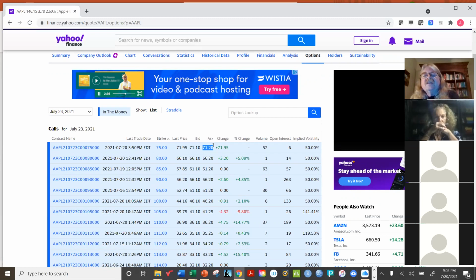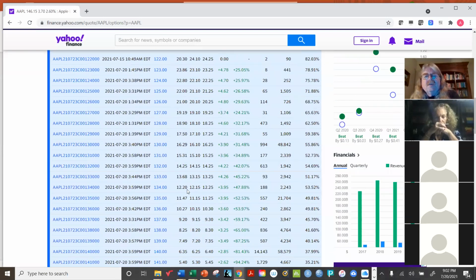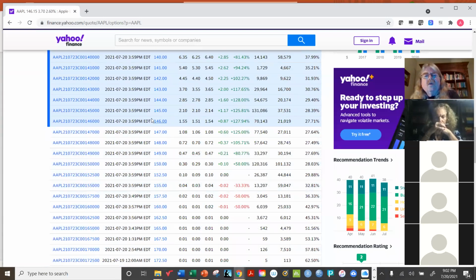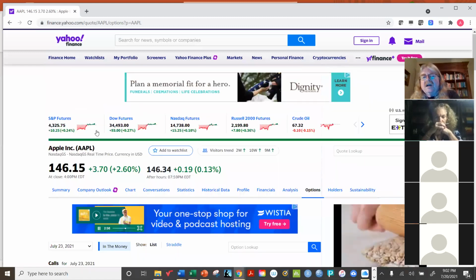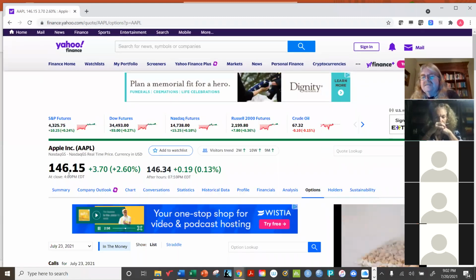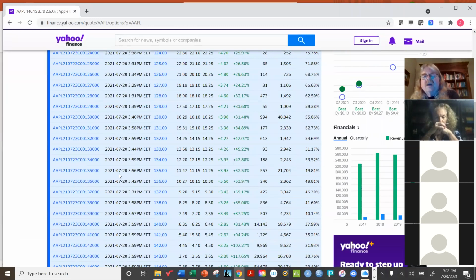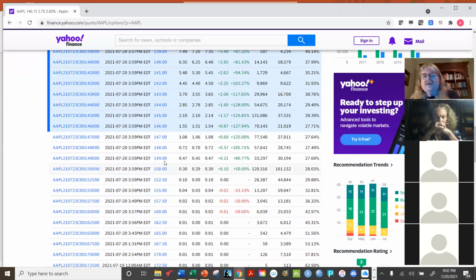It would cost me $71.20 to buy this option. Let's look at a more reasonable one. Let's try this one, 146. That one will only cost me $1.54 because the price of the option is only slightly higher than $1.46. So the strike price is a major determinant of the cost of this option.